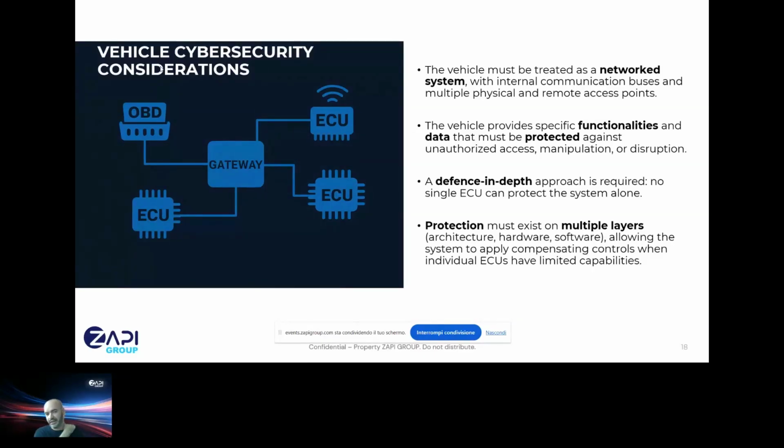These assets are typically spread between the ECUs and need to be protected following the defense in depth philosophy, so introducing different layers of protection for the different assets. And to start to introduce the cybersecurity into the vehicle, a possible workflow can be used.